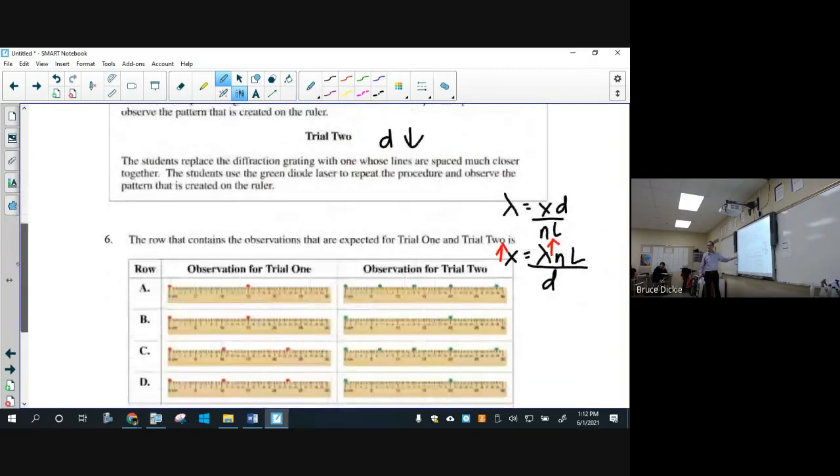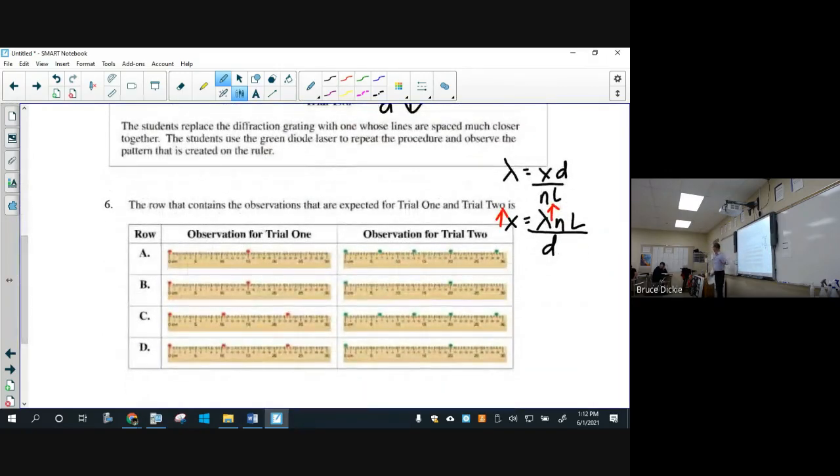So we need a number that's bigger than 13, correct? Well, 11 is not bigger than 13, but 15 is. So that means the answer is either going to be A or B. x goes up for A and B. x goes down for C and D. Now let's go to trial 2. Back to green, back to my original diagram.